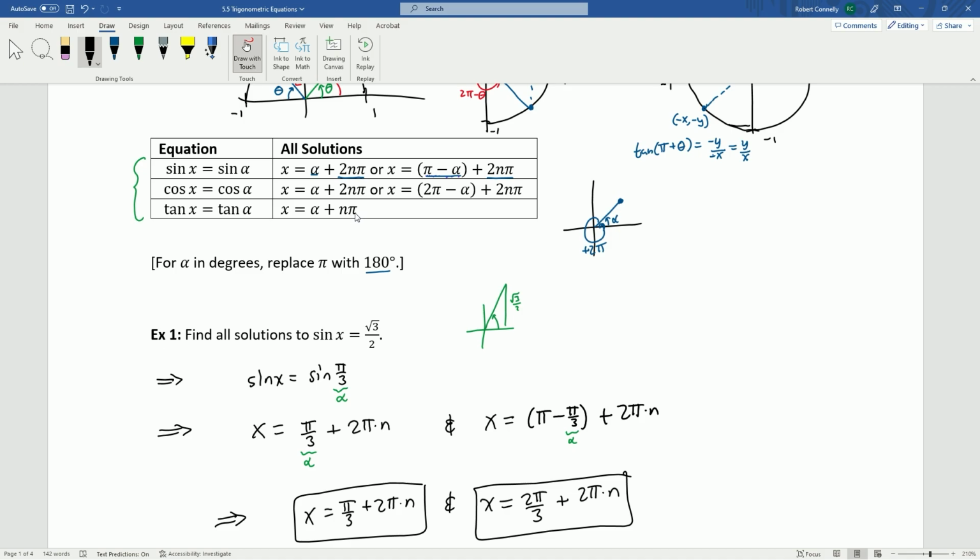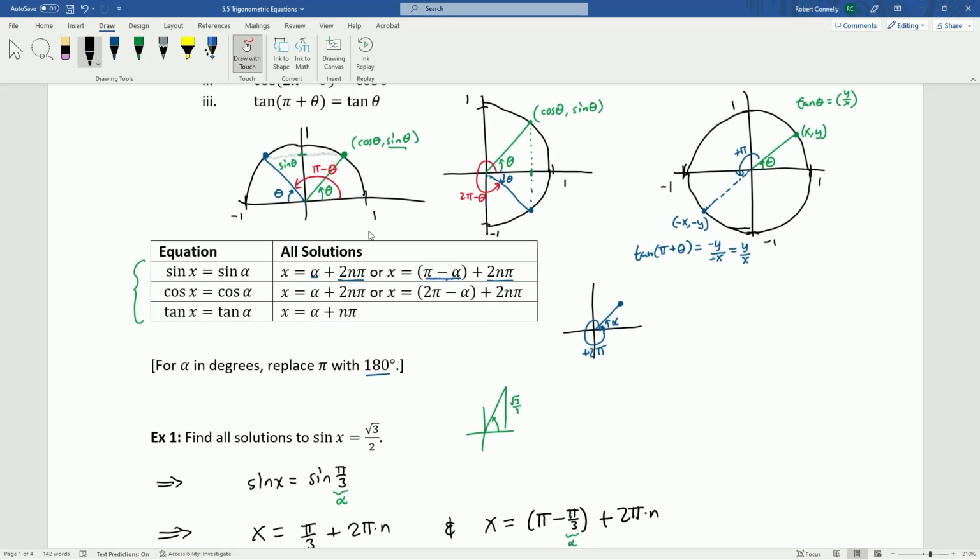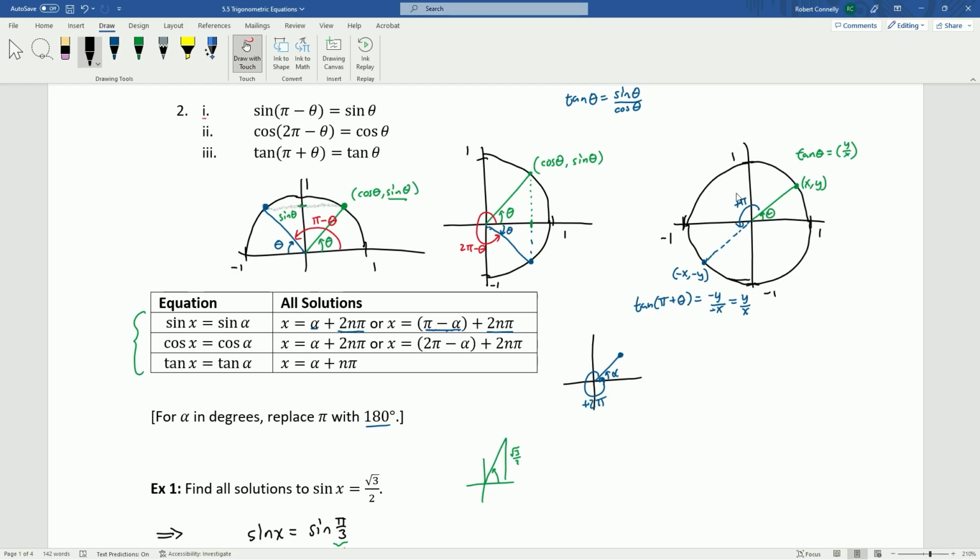Now this is the special case here, and this comes back to this picture we drew earlier. There's only one equation set for tangent because the second solution in the unit circle is exactly pi away, which means we can write all of our solutions as just a multiple of pi instead of being 2 sets of solutions that are multiples of 2 pi, right?